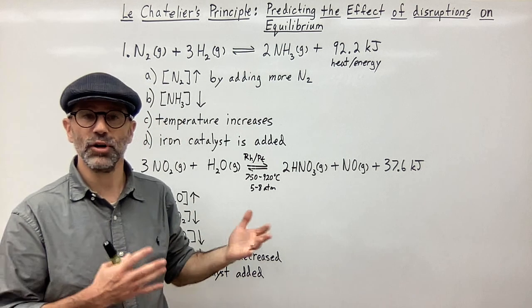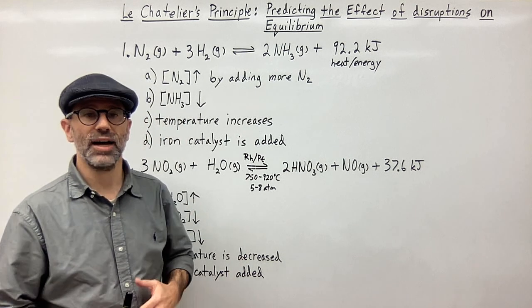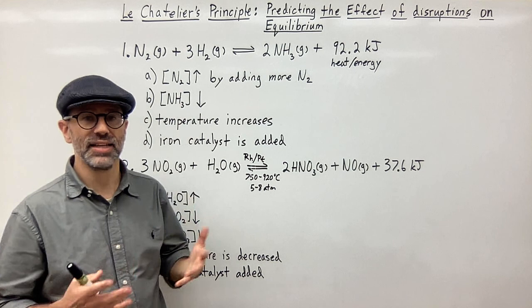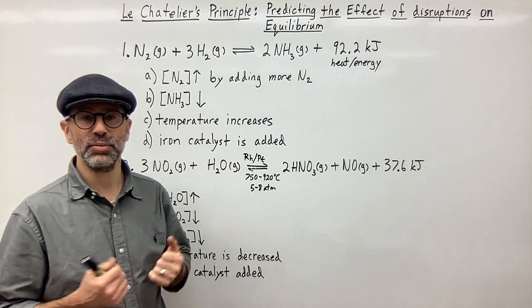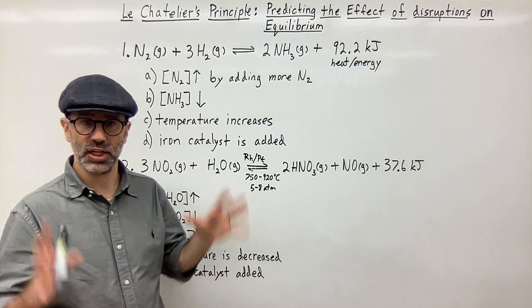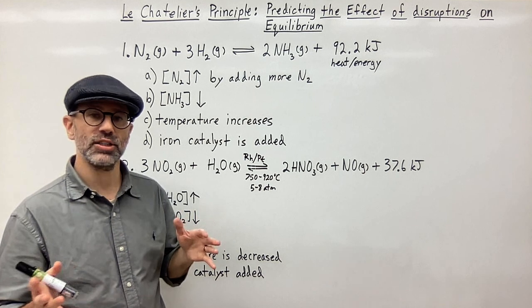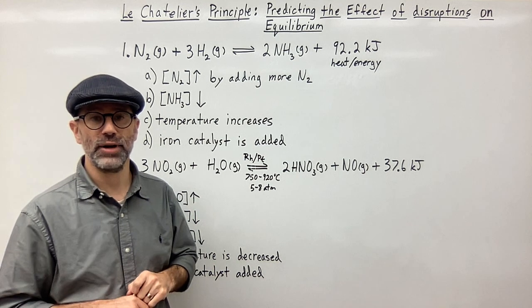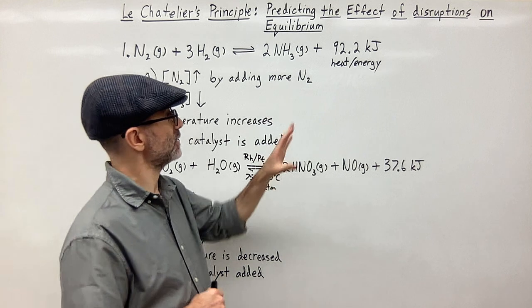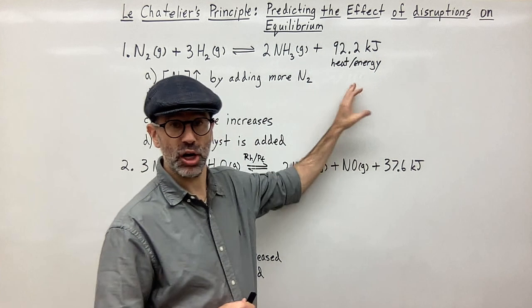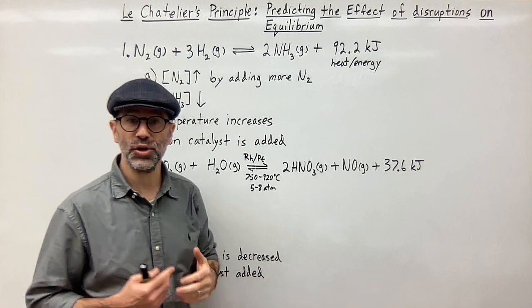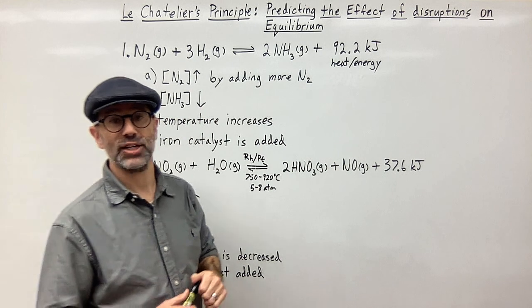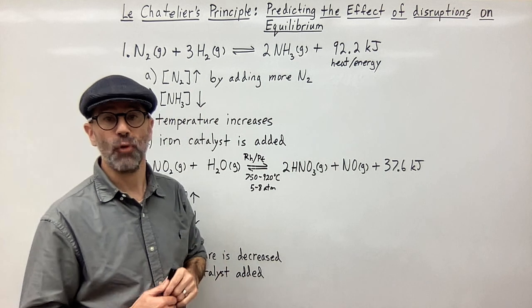From the forward and reverse reactions, we can understand it in this sense. When you raise the temperature of the reaction, you're affecting both the forward and the reverse reaction. However, since this is an exothermic reaction, you're going to affect the reverse reaction more than the forward reaction.